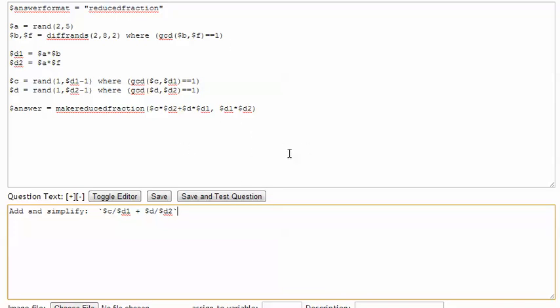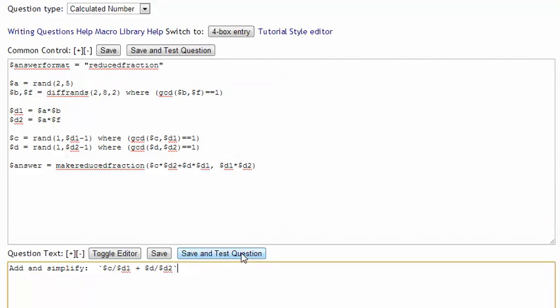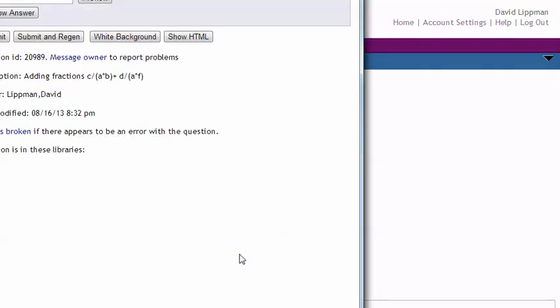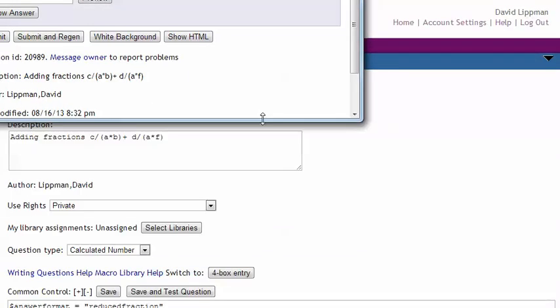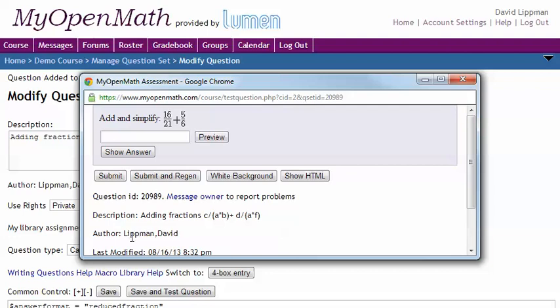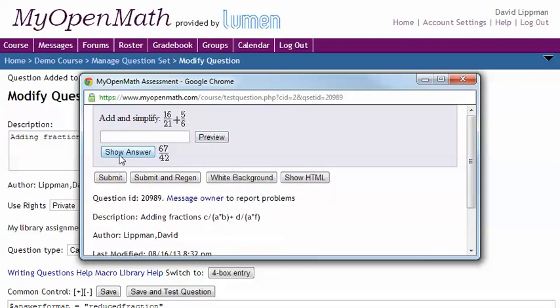Let's go ahead and give that a try. Let me reduce that down and bring it in. There we go. So 16/21 plus, and that is proper. Let's double check it. 42 does look like the lowest common denominator there, and so it looks pretty good.